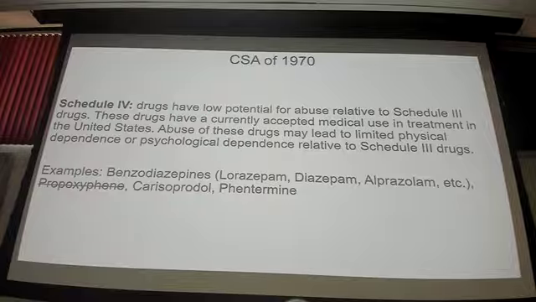These drugs are used temporarily. This is a muscle relaxant, and of course, this is used for weight loss in combination with diet and exercise. But overall, relative to the other schedules, these have significantly lower abuse potential.